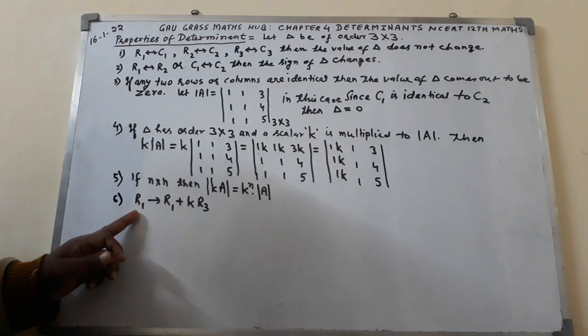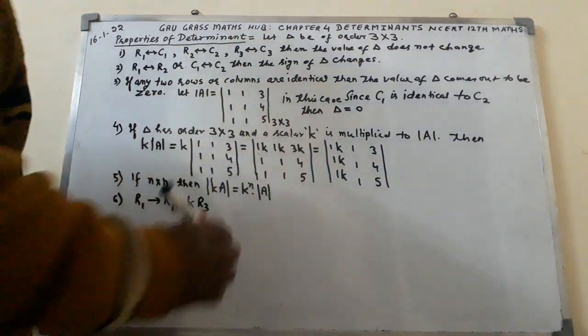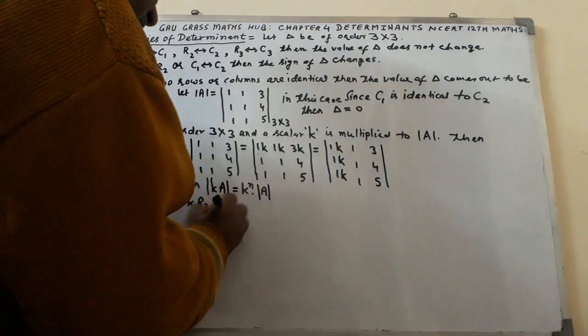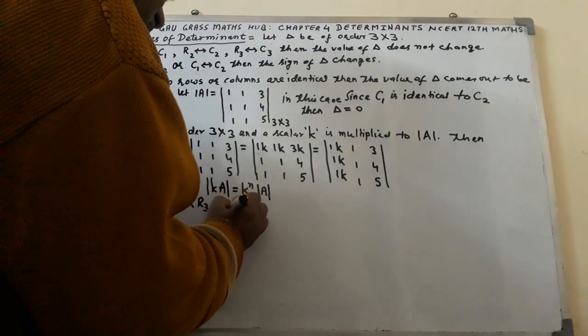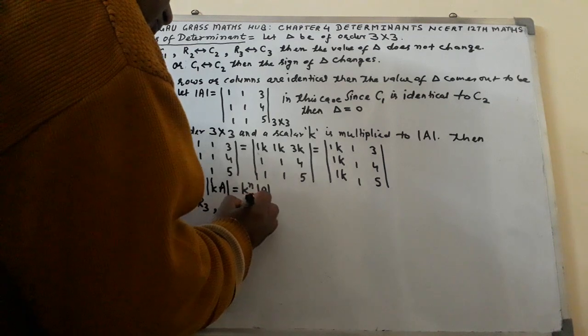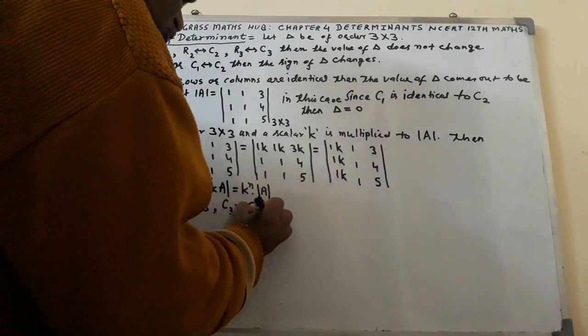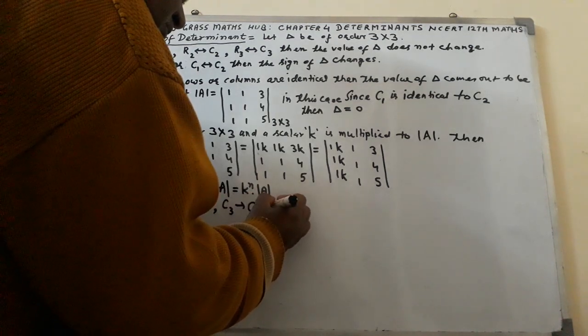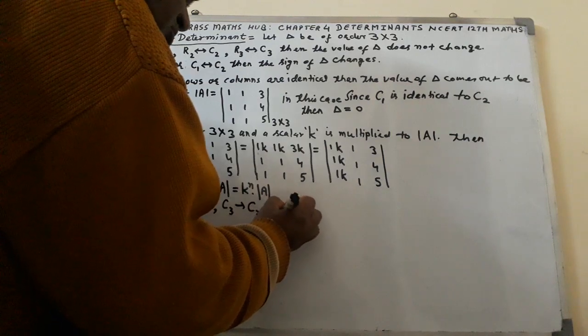In this case, the value of the determinant remains unchanged. Similarly, C3 goes to C3 minus 4 times C1.